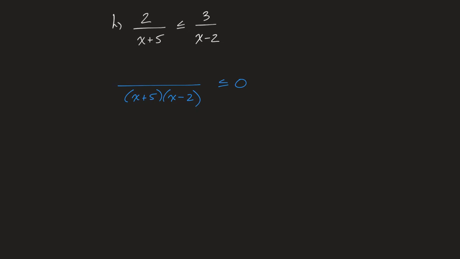We should be able to picture that I'm going to have to multiply my 2 times an x minus 2. And since that 3 was positive on the right, it's going to be a negative value. I have to subtract it on the left. And at the same time, get my common denominator.